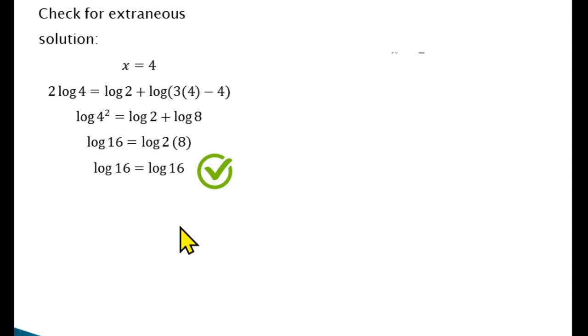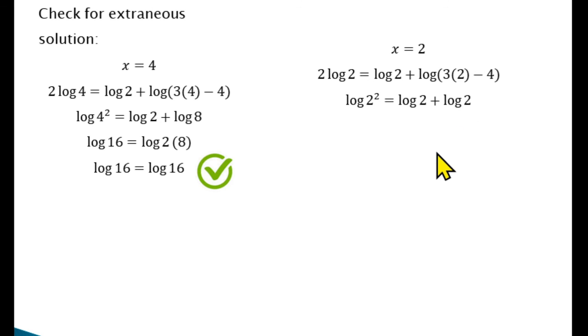Second, we have x equals 2. Substituting, you have 2 times the logarithm of 2 equals the logarithm of 2 plus the logarithm of the quantity 3 times 2 minus 4. Applying the third law, our numerical coefficient becomes our exponent. 3 times 2 is 6, minus 4, we have 2.